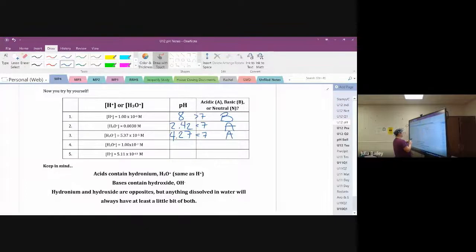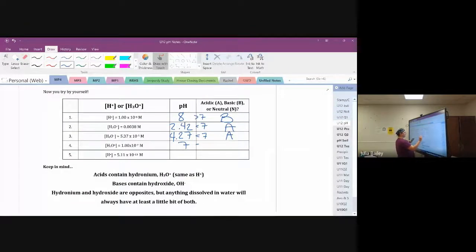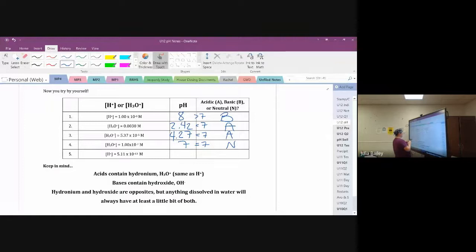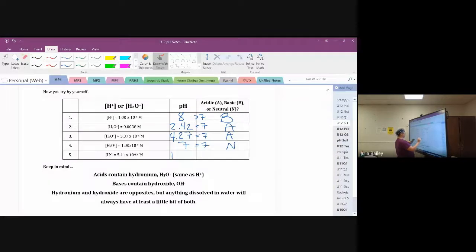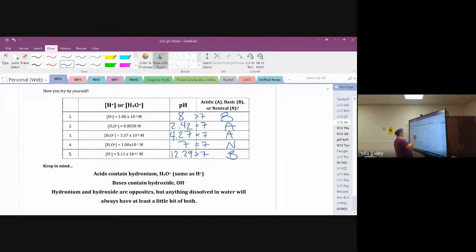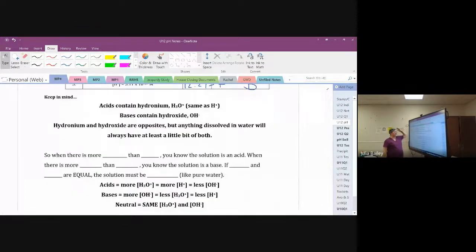This one's acidic. This one is 7, that's equal to 7. That's neutral. And negative log 5.11 E negative 13, 12.29, that is greater than 7. That one's a base.